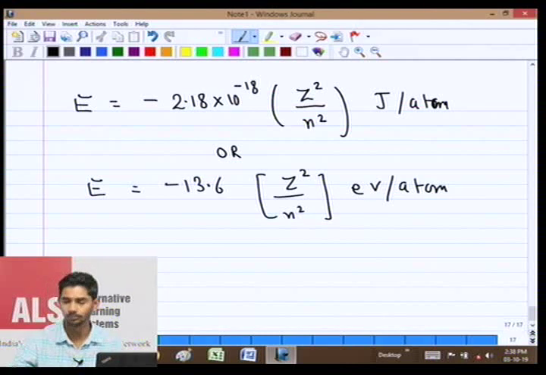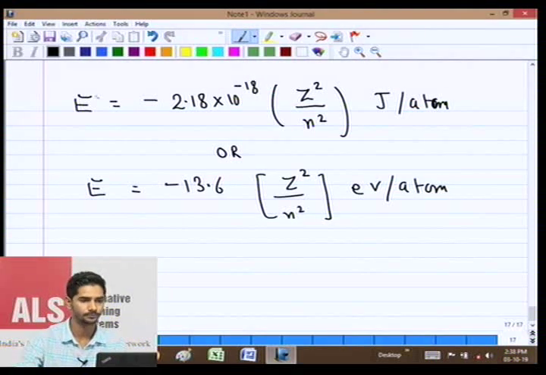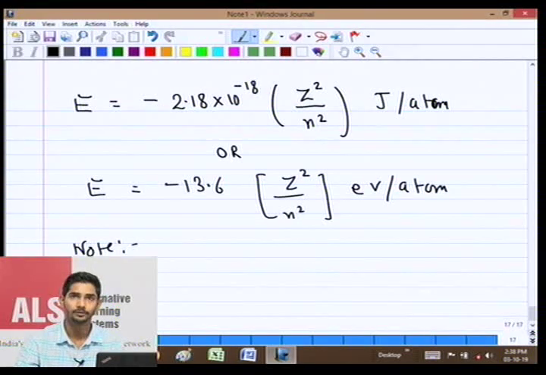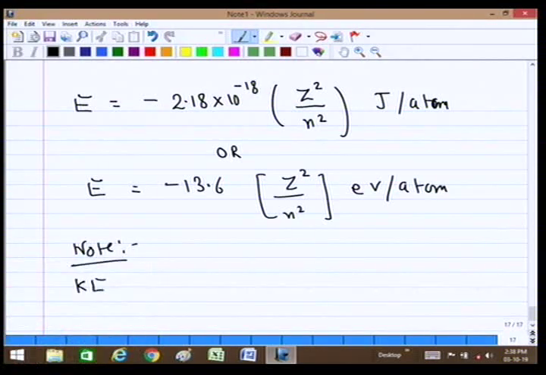And one more important thing to remember: the ratio of kinetic energy to potential energy to total energy.